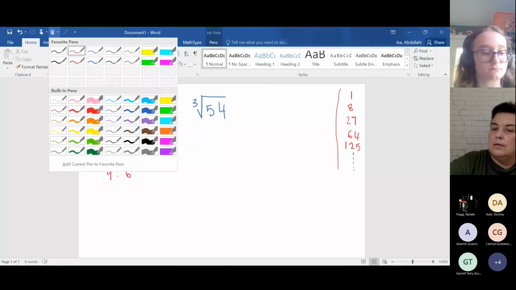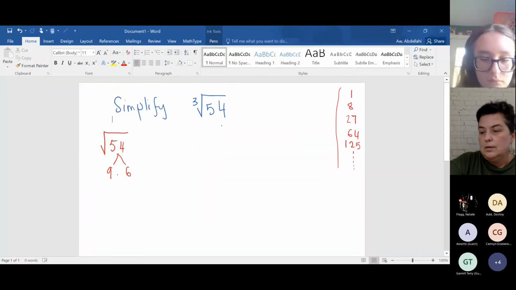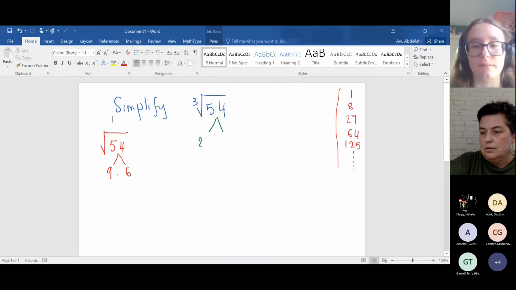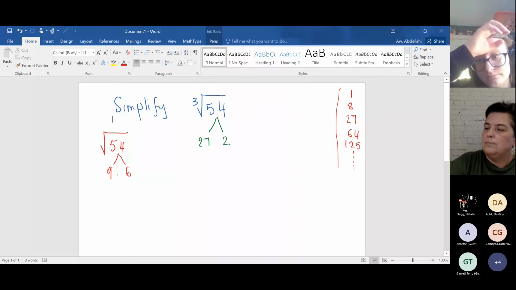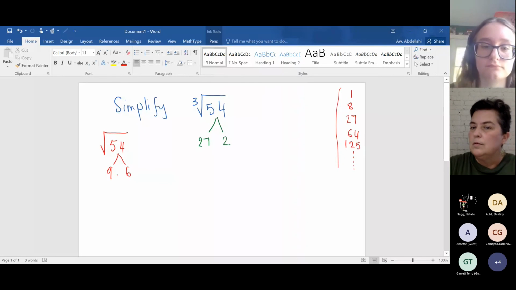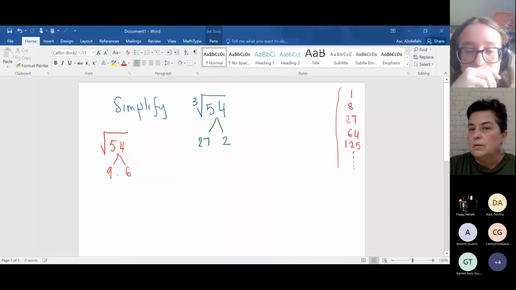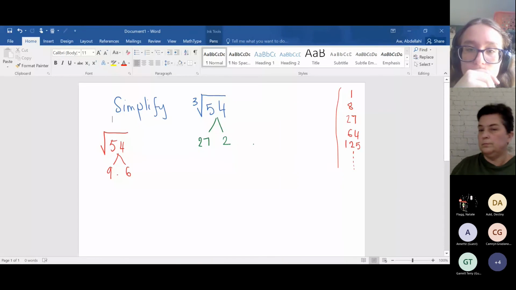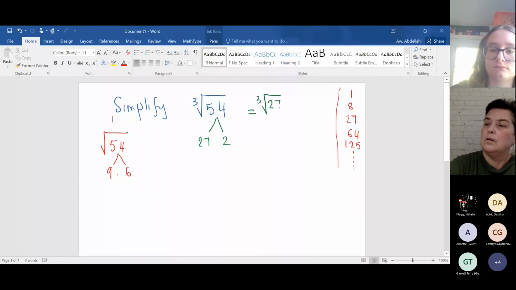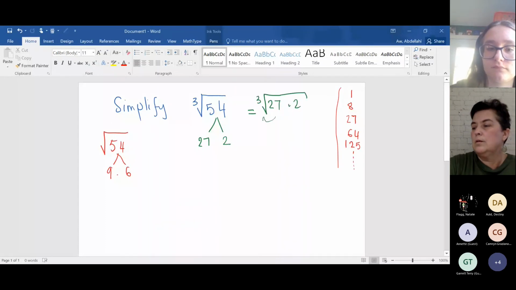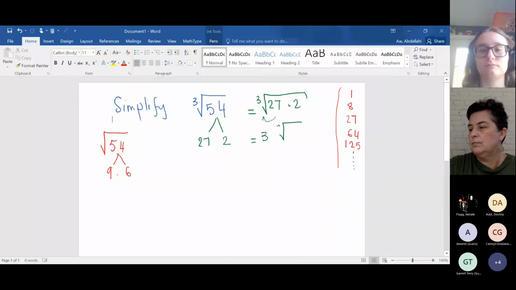So here, the numbers that are going to help us are 27 and 2. So we will have the cube root of 27 times 2. Now the 27 gets out and becomes 3, because the cube root of 27 is 3, and then the cube root of 2.